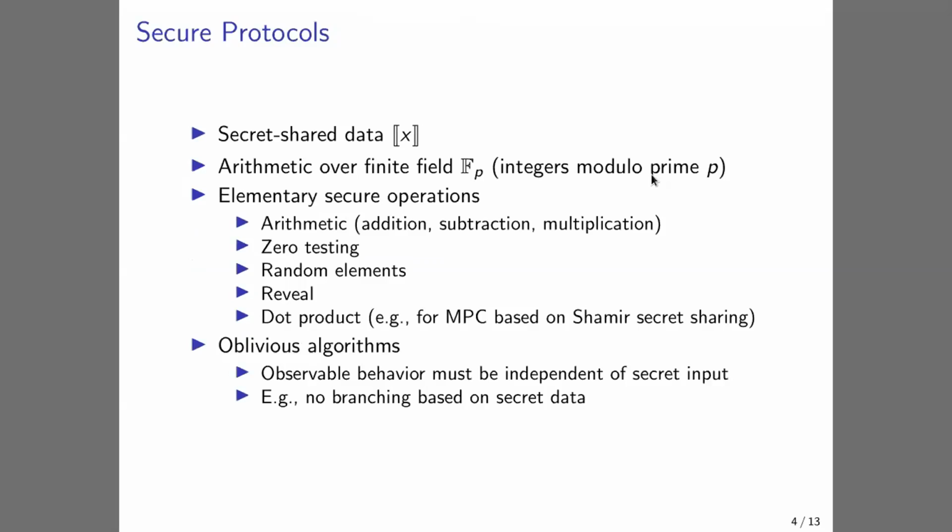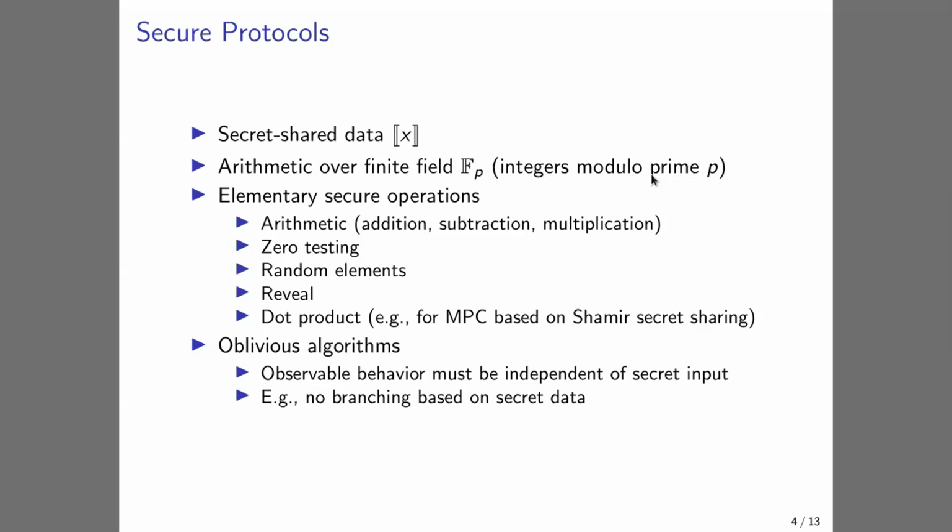We've tried to keep our protocol a bit agnostic of exactly which kind of secure multi-party computation we are using. Concretely, think about MPC based on secret shared data. Secret sharing is a method by which multiple parties can have a handle on data, but they're actually not able to inspect anything about these data.